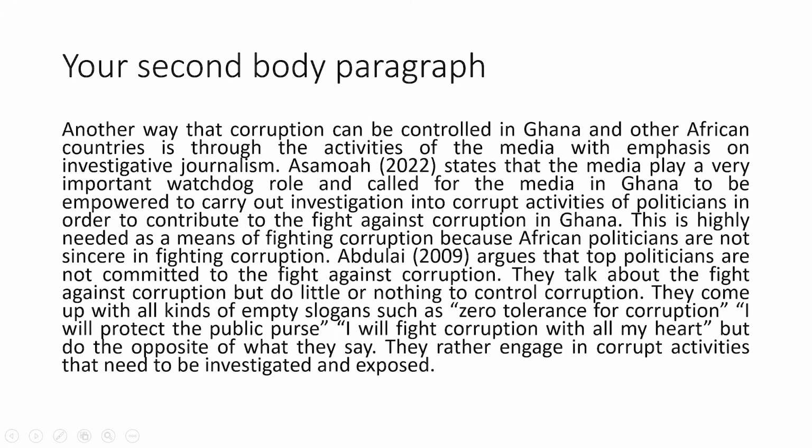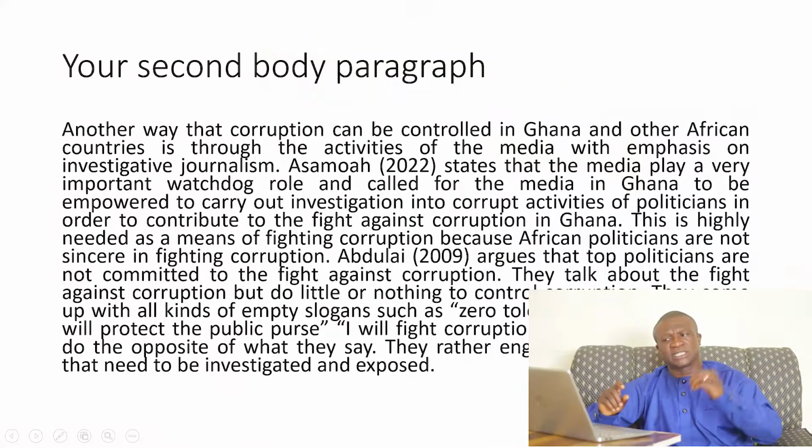Asamoah 2022 states that the media play a very important watchdog role and called for the media in Ghana to be empowered to carry out investigation into corrupt activities of politicians in order to contribute to the fight against corruption in Ghana. So here, Asamoah 2022 is a source that you have incorporated into your essay. That is a synthesis essay by incorporating information from sources, right?